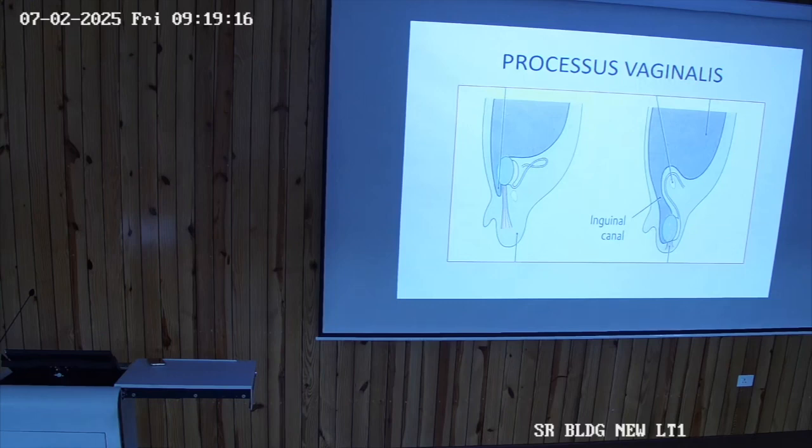When a baby is born, the pediatrician palpates the scrotum for the testis, whether they have descended or not, because the testis reaches the scrotum at the age of 9 months only. Sometimes this descent can be delayed also. So as soon as a baby is born, the scrotum is palpated for the testis.